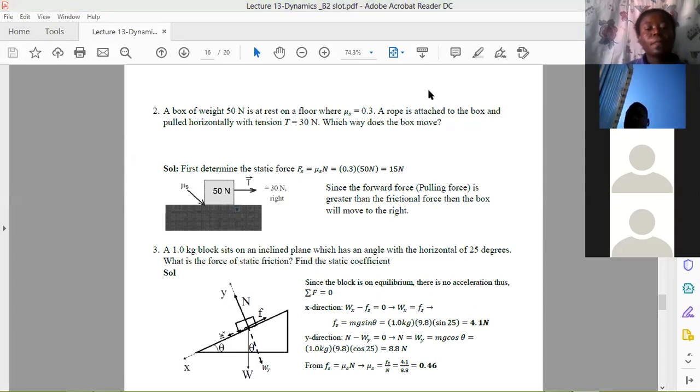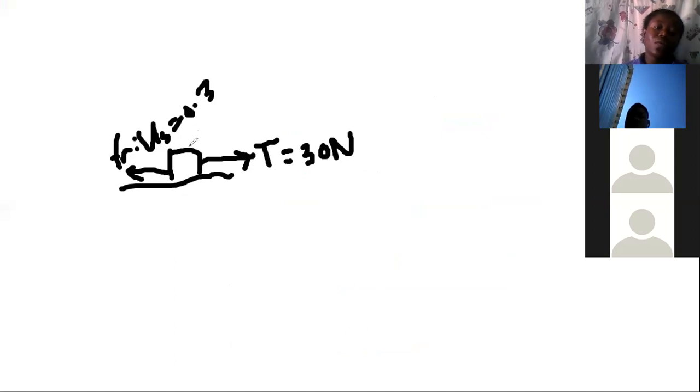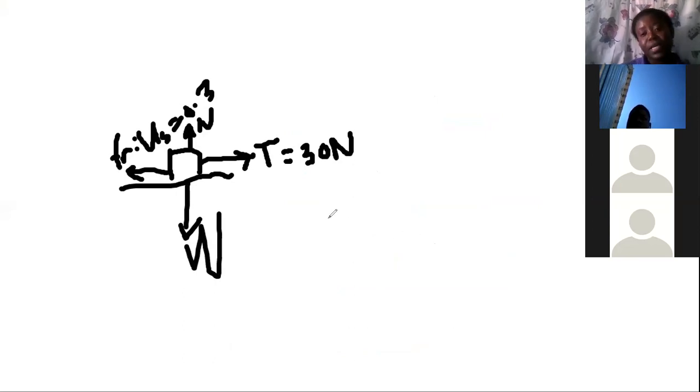If we do this, there is always a normal force, which is always perpendicular, and there is always a weight force. Doing the same thing, summing up all the forces acting in each direction, in the y direction we have the normal force minus the weight equal to 0.